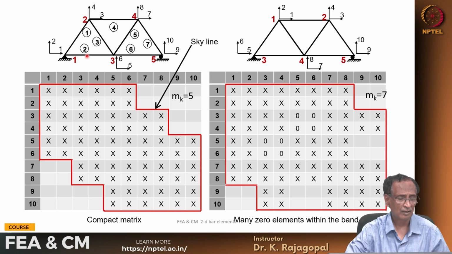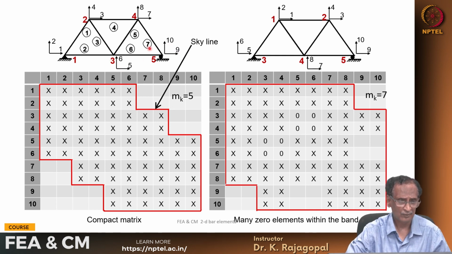Say for example, if you take this element 1, degree of freedom 1 is connected to 6. So the half bandwidth is 6 minus 1, which is 5. That's how it works. Up to the 6th column you have non-zero elements, and when it comes to 5 and 6, they are connected to 9 and 10.